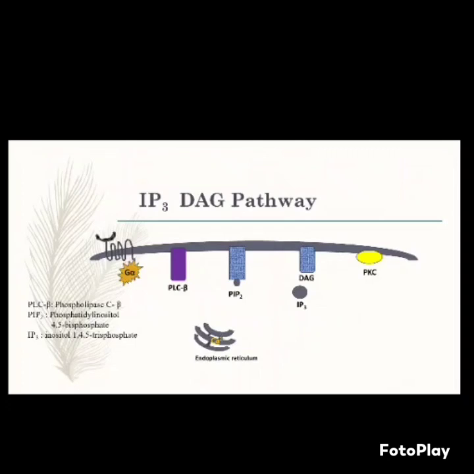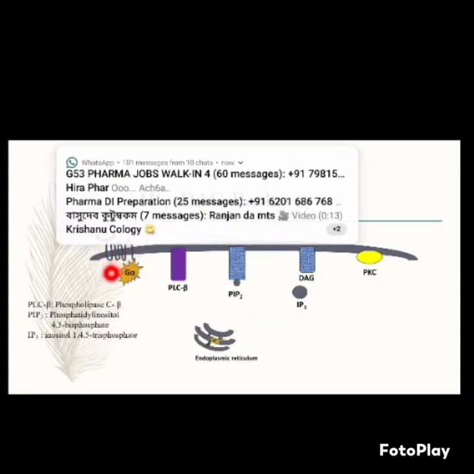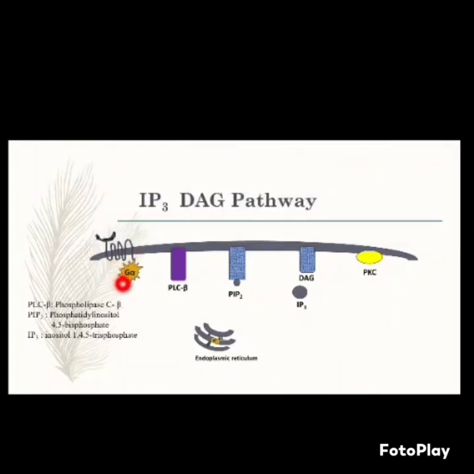We will see this. Basically, when a ligand binds with the serpentine receptor, the trimeric form of this protein, that is our G alpha, G beta and G gamma, will be broken and separated into two different subunits.